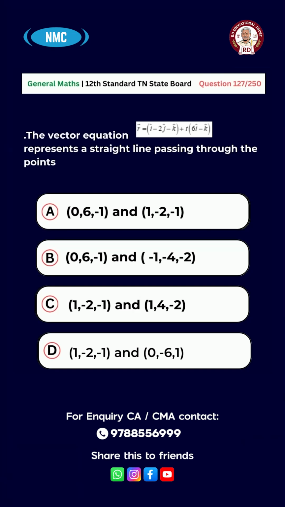Option B 0, 6, minus 1 and minus 1, minus 4, minus 2. Option C 1, minus 2, minus 1 and 1, 4, minus 2. Option D 1, minus 2, minus 1 and 0, minus 6, 1. The correct option is option C 1, minus 2, minus 1 and 1, 4, minus 2.